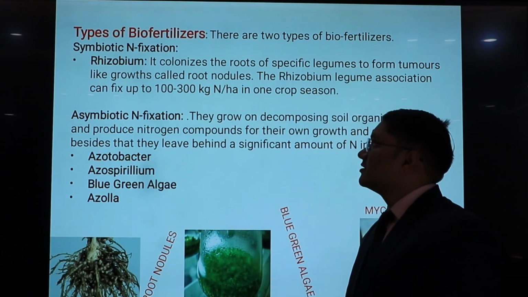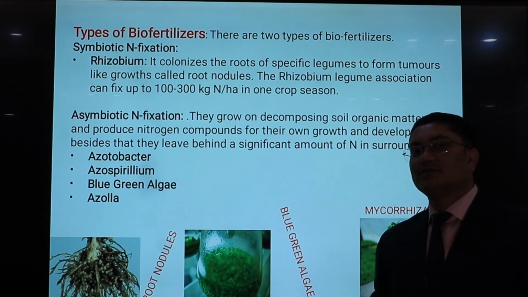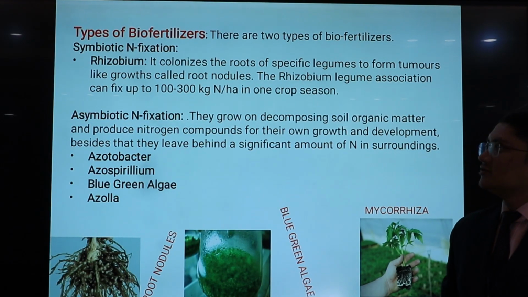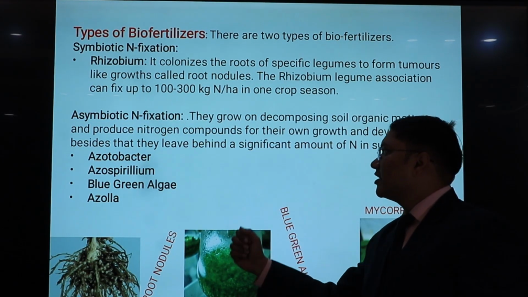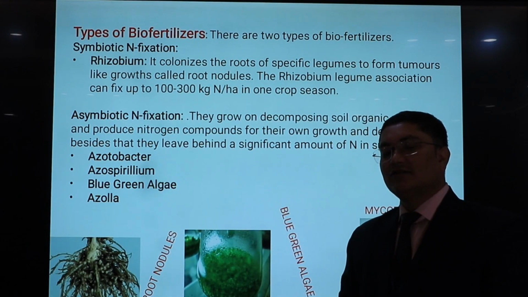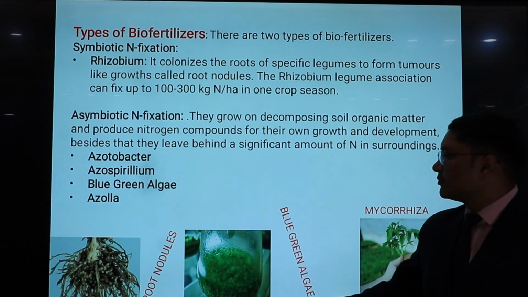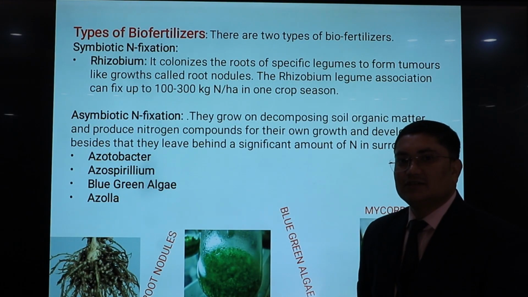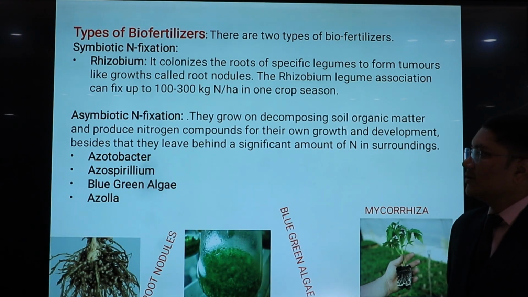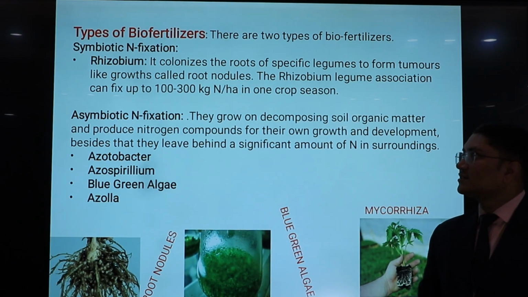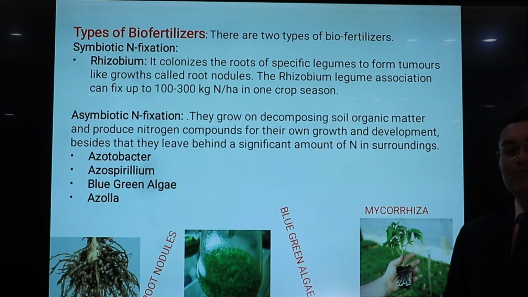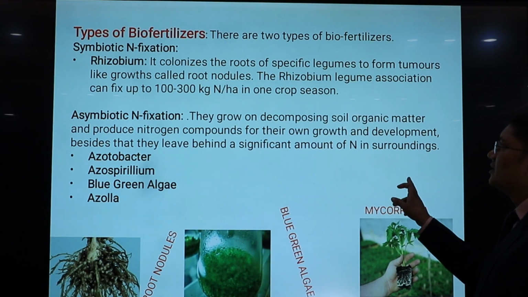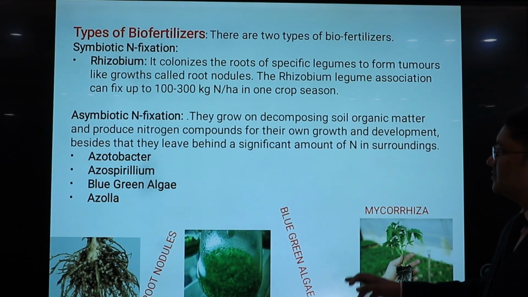After the plant matures, the roots add nitrogen into the soil. Then asymbiotic N fixation, which is not associated with plant roots but can be added additionally into the soil, like Azotobacter, which is root associated, Azospirillum, blue-green algae, or Azolla. These are the asymbiotic nitrogen fixation biofertilizers we have found in nature. So these are the kinds of biofertilizers we have.